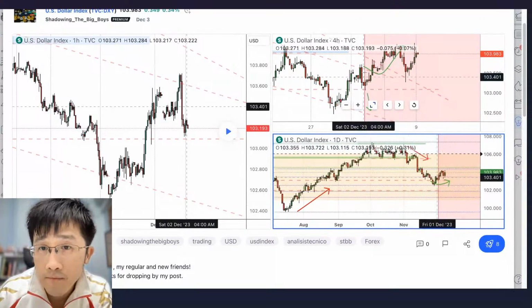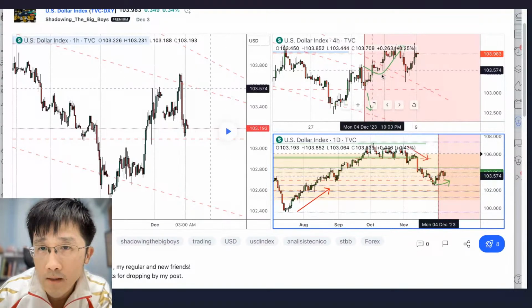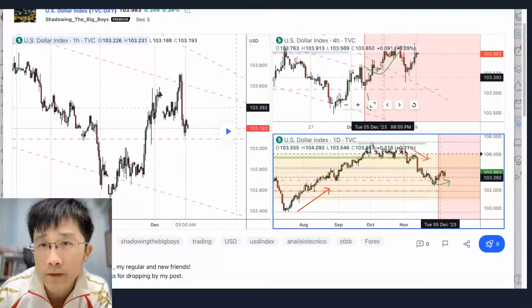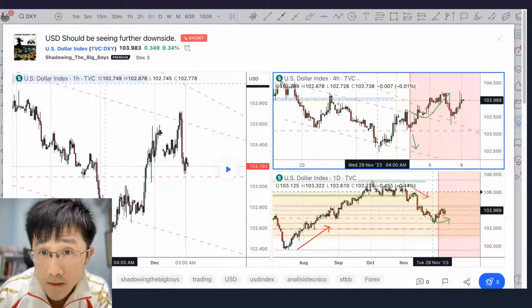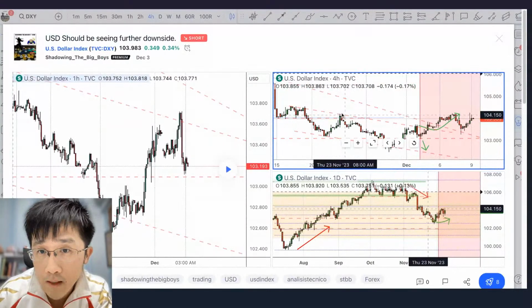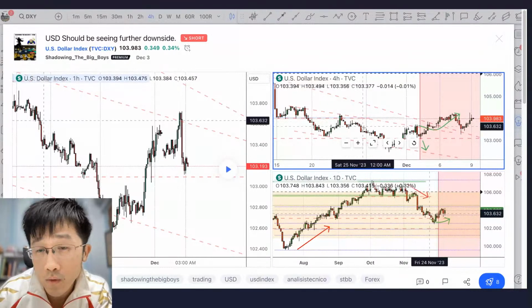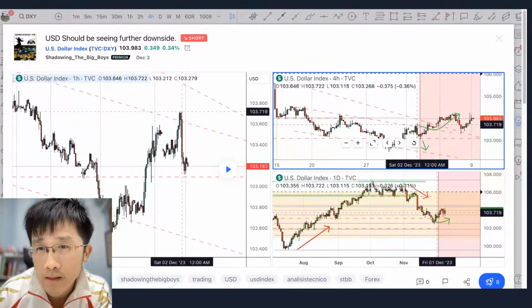On Monday itself, it came up to here, and there wasn't any reason for you to go short, because the candle itself is not pointing to it coming down. Compared to this one, which is at the upper channel and coming down because it is forming a lower high, over here it's not a lower high.